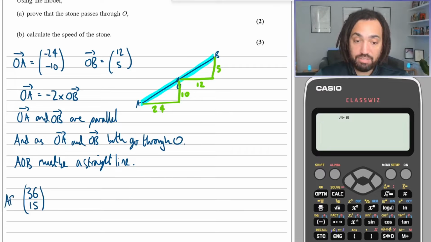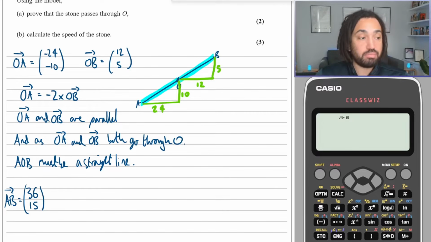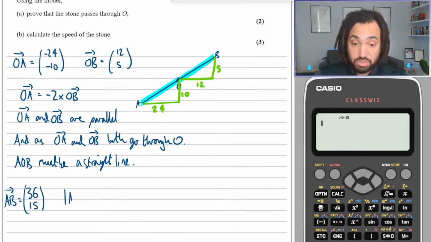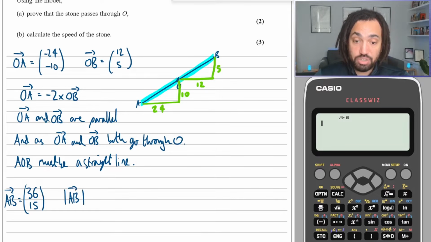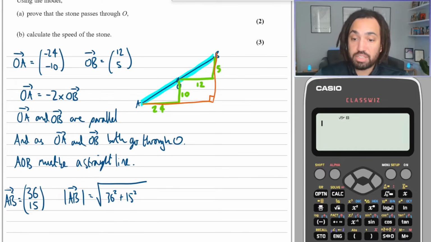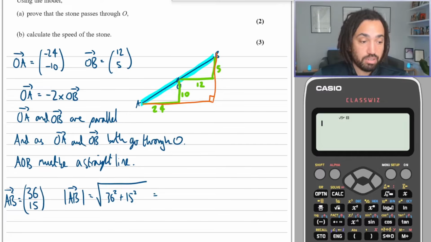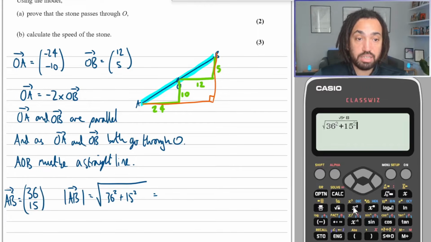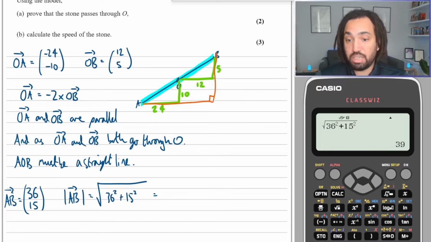That would be how I would get from A to B. And the distance travelled is the magnitude of that, which we find by using Pythagoras' theorem, because you can see here that this is clearly just like one large right angle triangle. So I need to use my calculator for that. Luckily I've got it right here. So it's root 36 squared plus 15 squared, which gives me 39. Lovely.